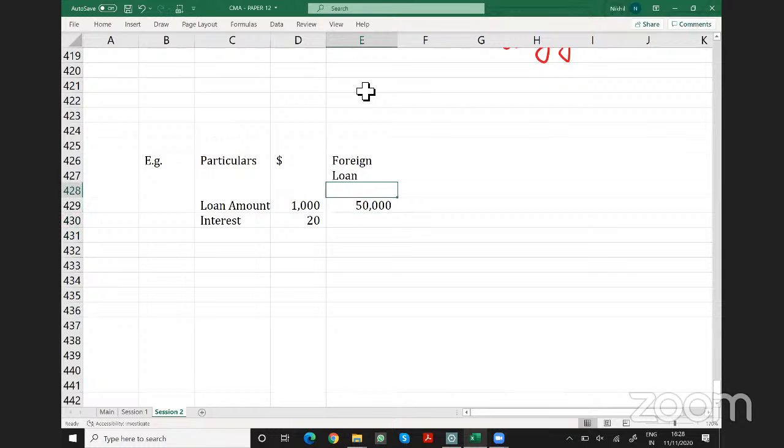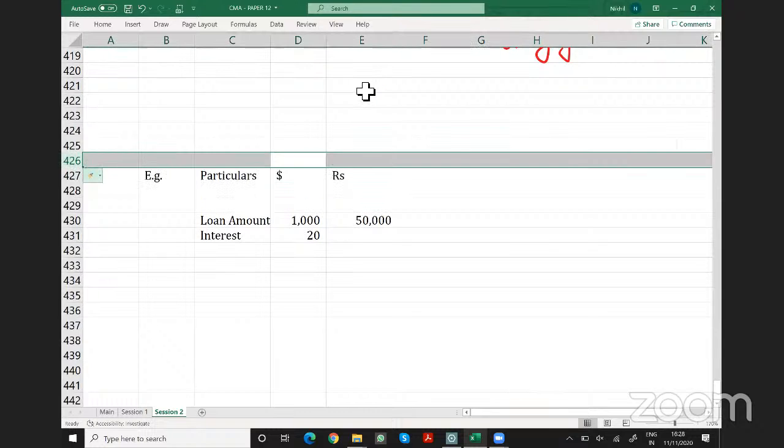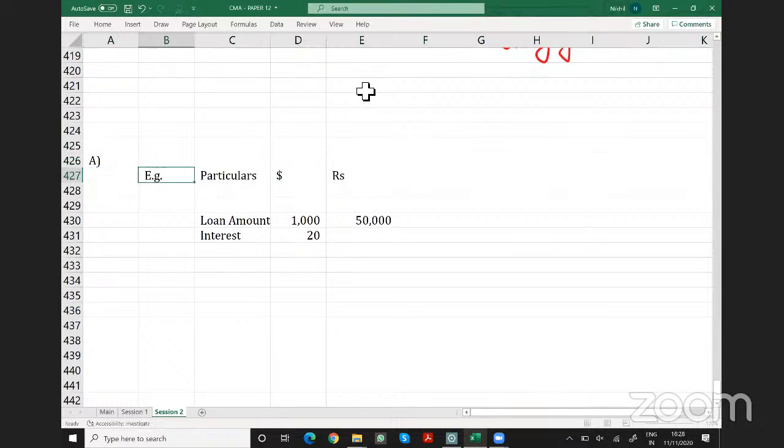If we convert that into Indian rupees, 20 into 60 is 1,200.